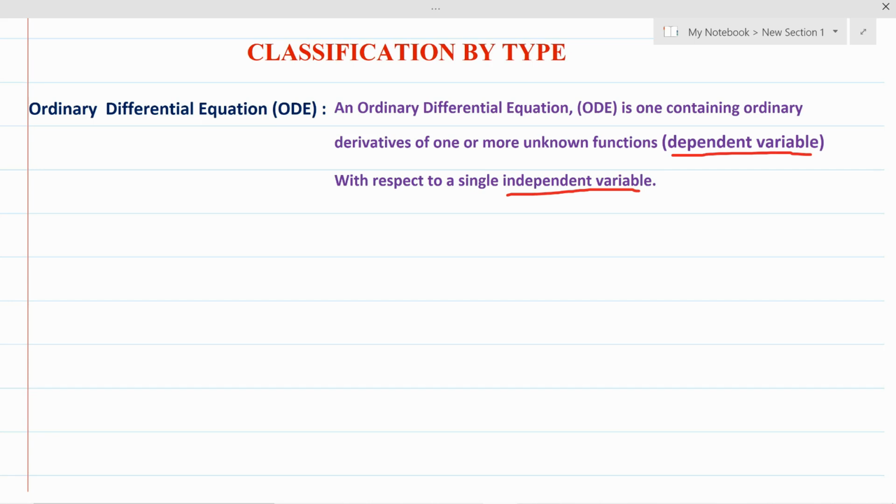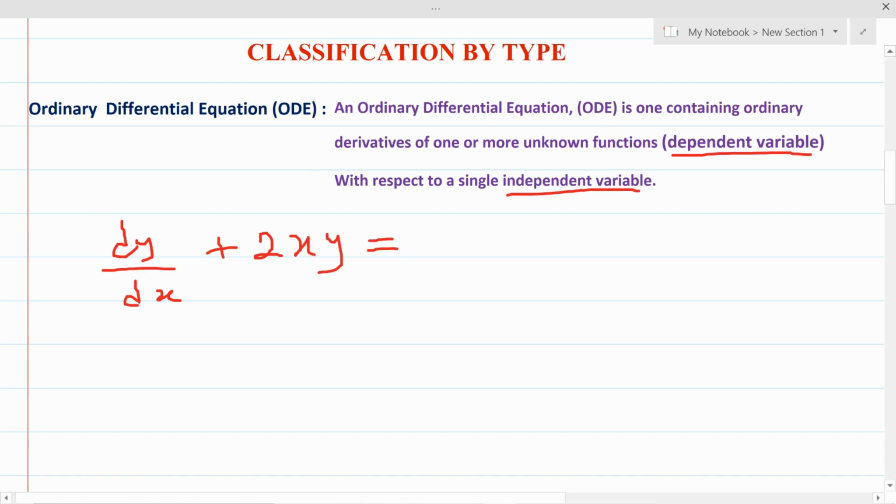So an example of this type is, I'll give one where the dependent variable is just one, and one where the independent variable is many. All right, so let's see. The first example is, if I have an ordinary differential equation, something like dy/dx plus 2xy is equal to 0.